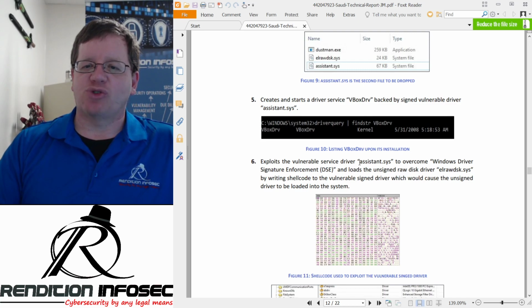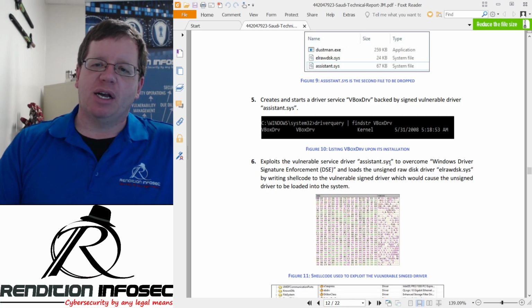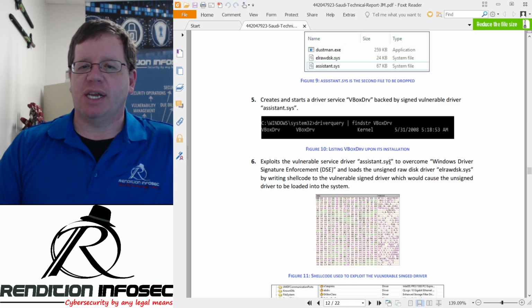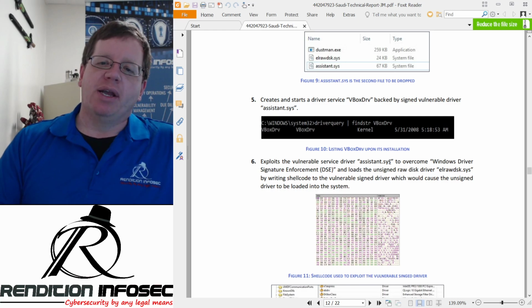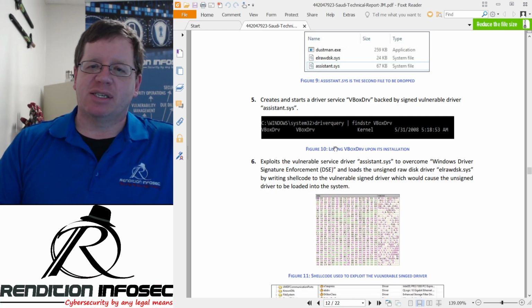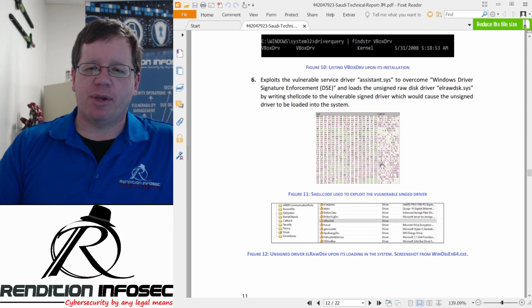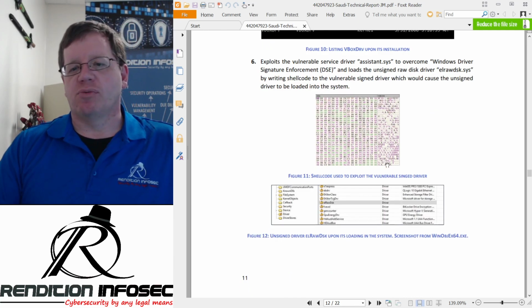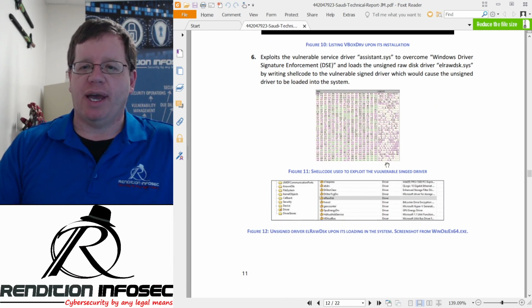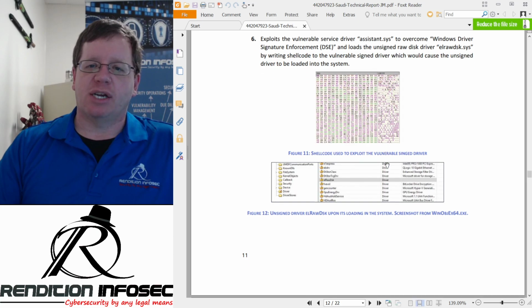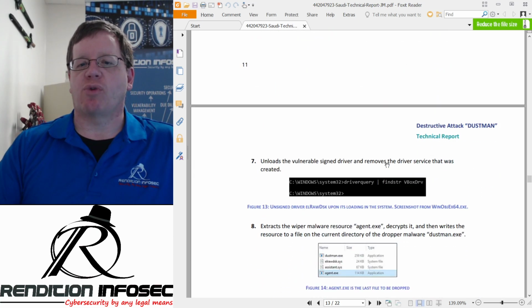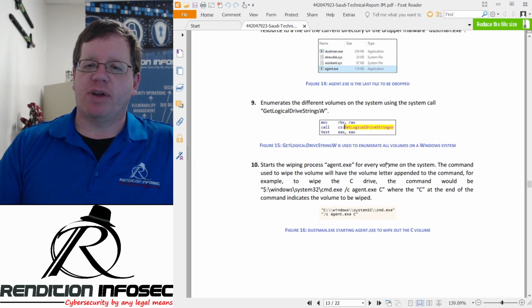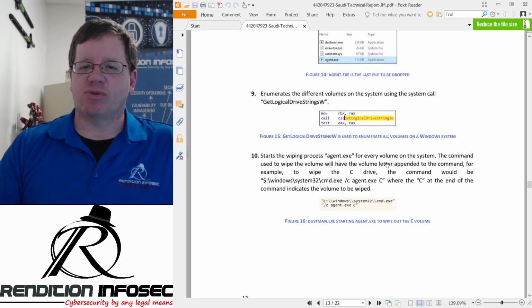A driver object is going to be created, and you're registering a service name along with that. So TLDR, even though it's named system.sys, that's why you're seeing VBox drive up here. Ultimately, it uses shellcode to exploit that vulnerable signed driver from VirtualBox and then load the raw driver in, right?